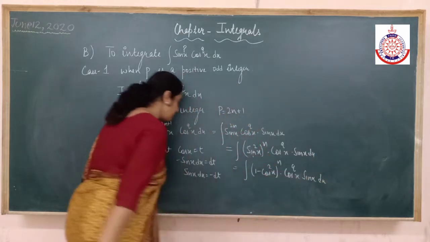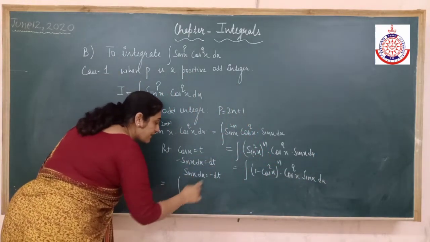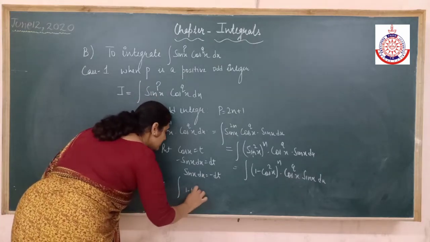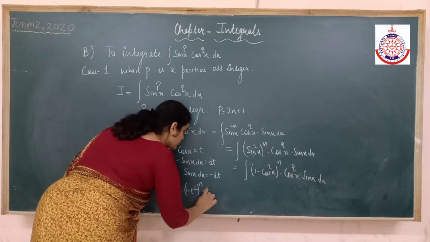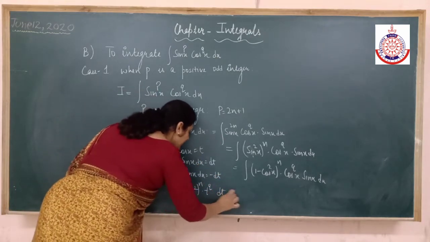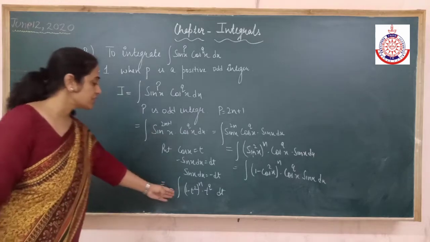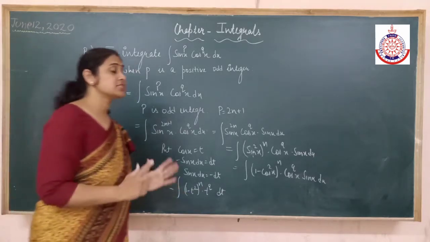Now the substitution: that will become 1 minus cos square, that is 1 minus t square raised to power n. In the place of cos I have substituted t. This sin x dx is minus dt. That means the complete quotient will be converted into an algebraic function, and we will be able to easily integrate.